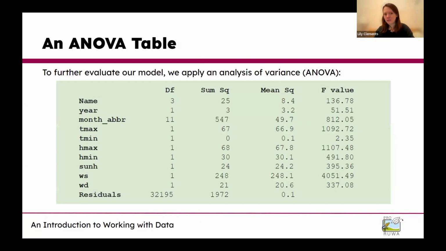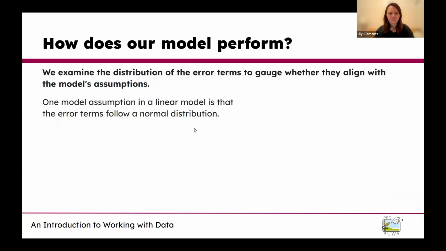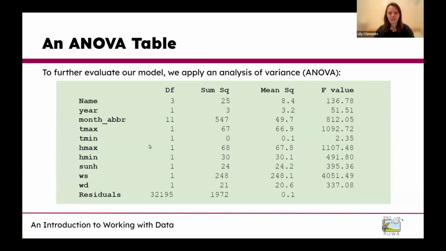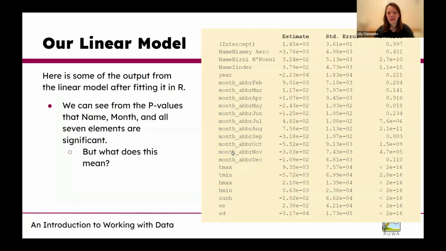Now, to further evaluate our model, we can apply this ANOVA table and see how much variability is accounted for by each of our variables in the data. Through here, we see wind speed accounts for a lot of the variability. The month accounts for a large amount of the variability. The maximum temperature as well. The minimum temperature, not as much, which is interesting, but it was still significant here.